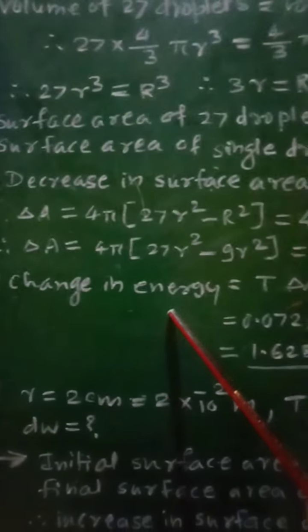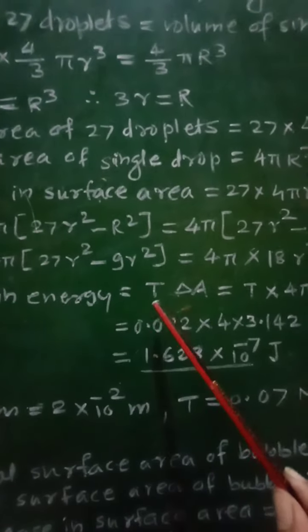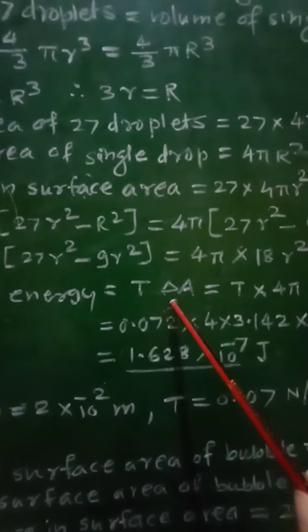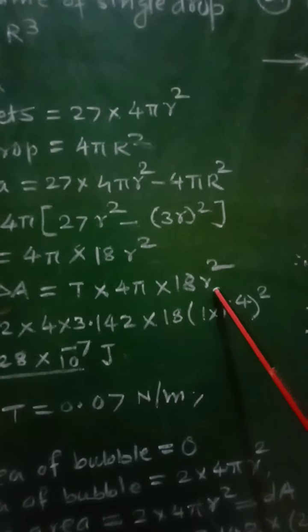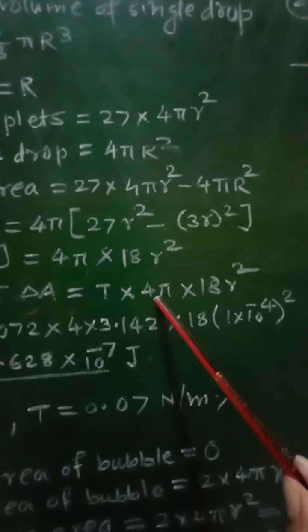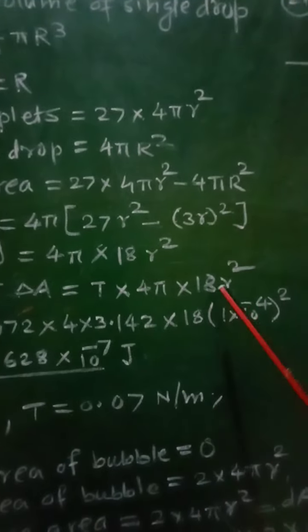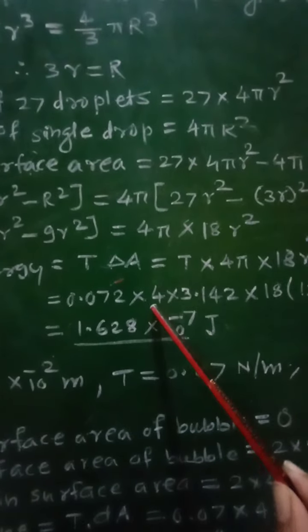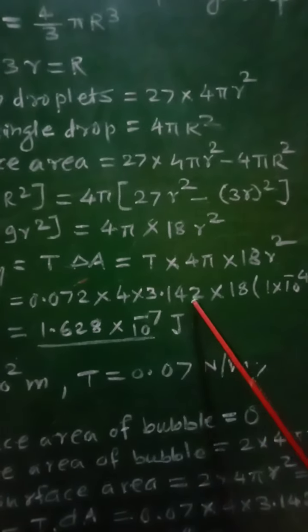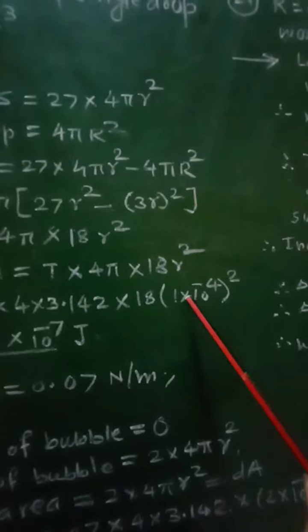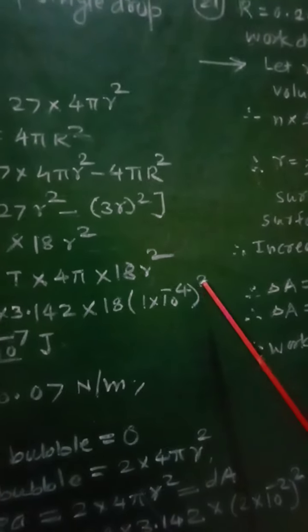Therefore, change in energy will be equal to T into delta A, that is surface tension into change in surface area, that will be equal to T into 4 pi into 18 r square, that will be equal to 0.072 into 4 into 3.142 into 18 into 1 into 10 raised to minus 4 square.